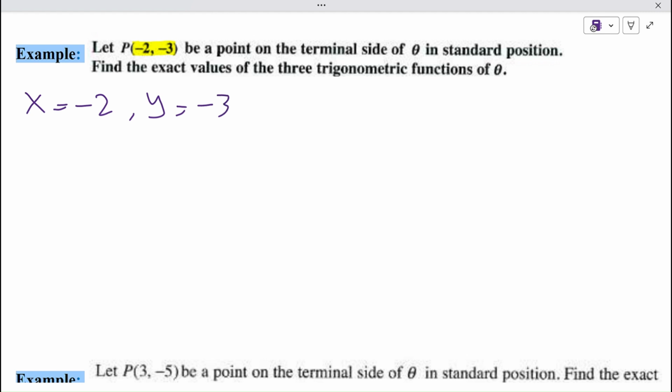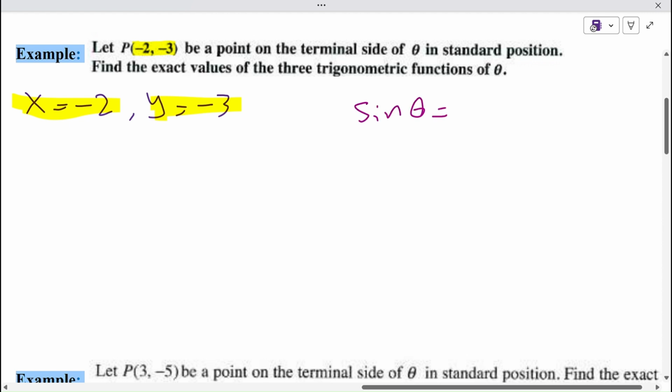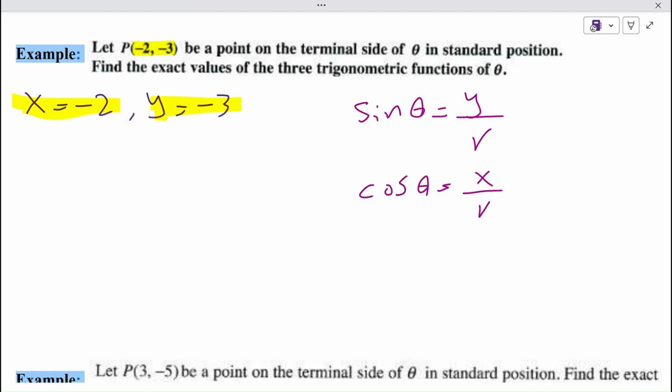Now for finding the trigonometric function, let's write the trigonometric functions here. Sine of theta is equal to y over r. Cosine of theta is equal to x over r. Tangent of theta is equal to y over x. Now, guys, here we have y and x. But what about r? For r, we have a rule.